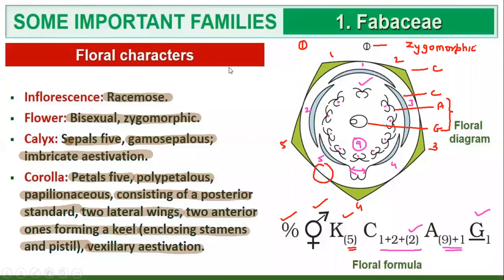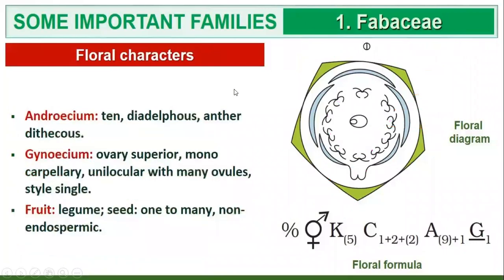When we talk about the next part, it shows the floral characters. When we talk about androecium, how many in total? We say 10. Diadelphous, why? Because there is a 9 plus 1 arrangement where 9 are fused and 1 is separate. Anther is dithecous. When I use the word dithecous, what does it mean?